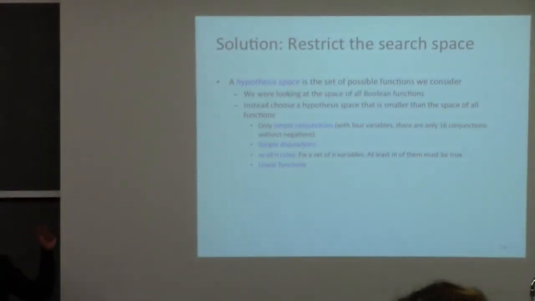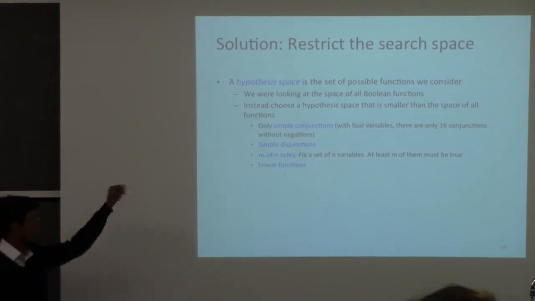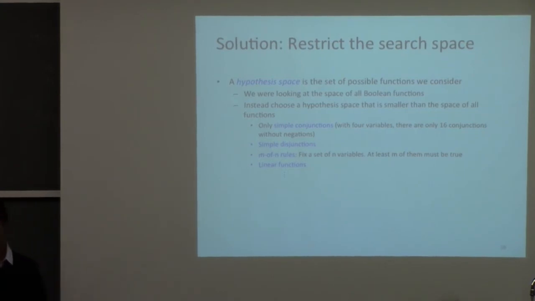And an m-of-n rule says at least m of those n should be true for me to say yes. Everything else is false. This does not represent all Boolean functions. Conjunctive normal forms and disjunctive normal forms represent all Boolean functions, but conjunctions are a strict subset. Disjunctions are a strict subset.